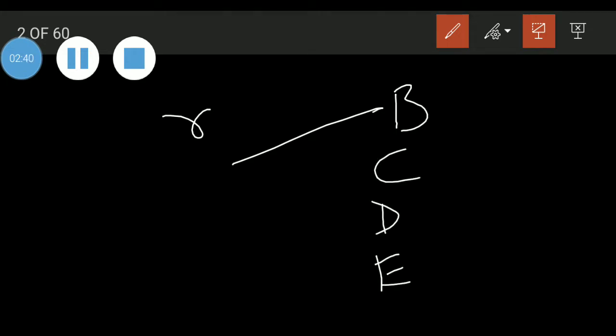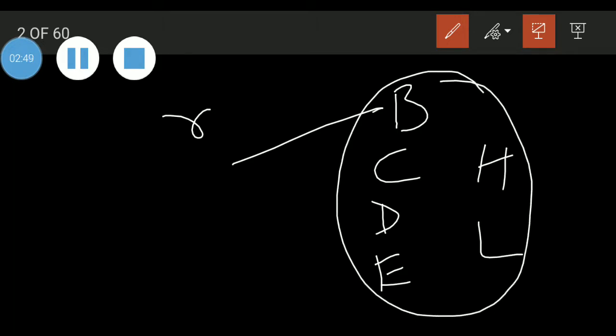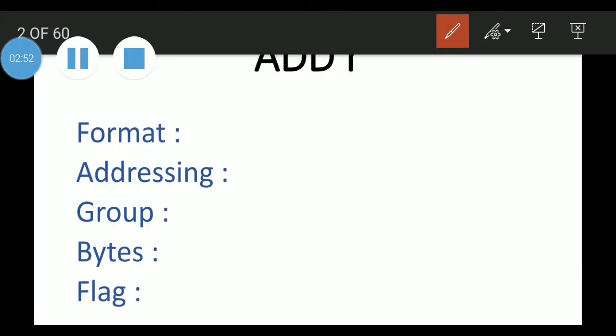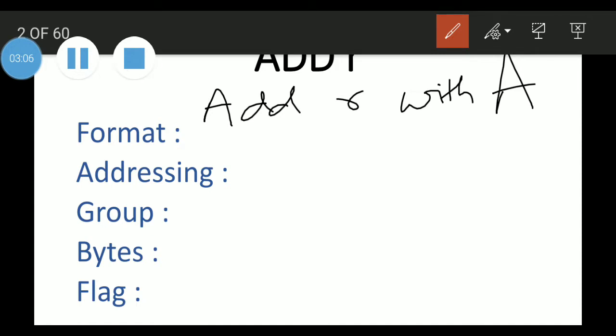Remember students, in place of R we can write any register such as B, C, D, E, H, L. So this instruction becomes add register. It will add the register with the accumulator. A means accumulator. Add the content of R with register A, that is the accumulator.